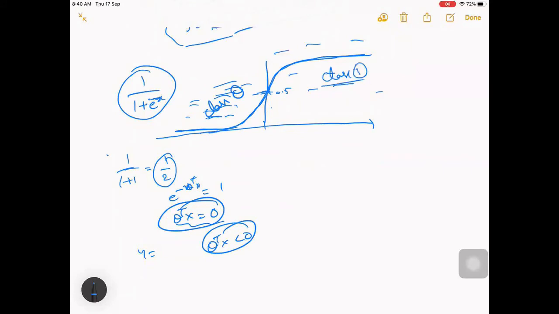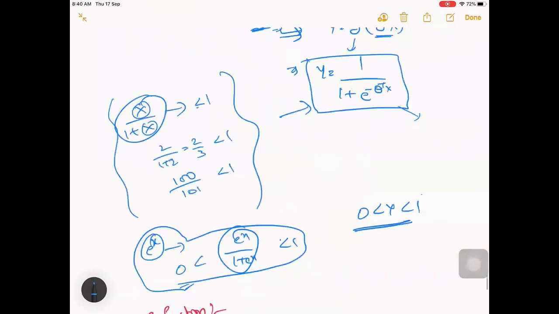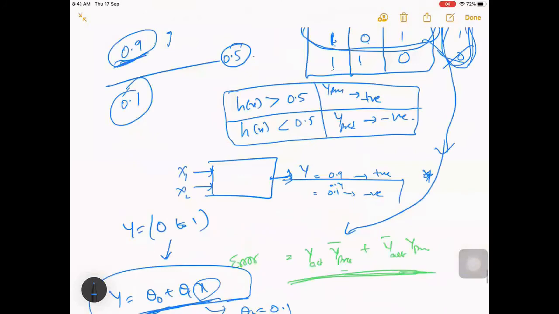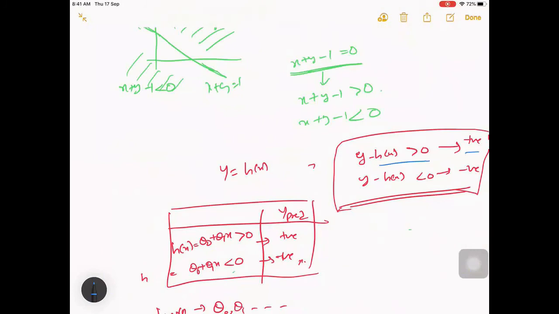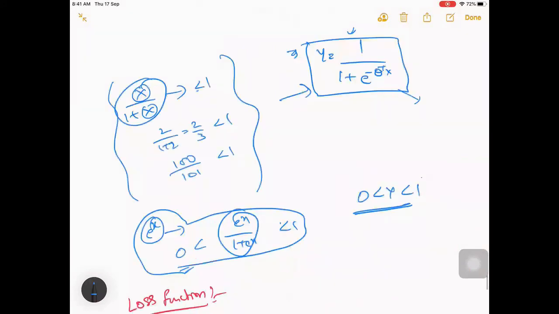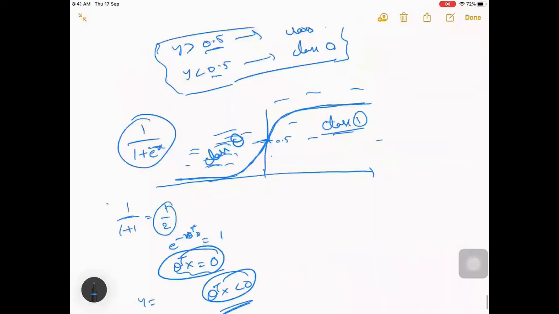Actually, this is how we planned earlier, right? If you remember, initially we thought when it is greater than 0, it is positive, in the sense class 1. If it is less than 0, negative. Finally we are doing the same, but by this method we are also getting a kind of probability of how near it is to class 0 or class 1.